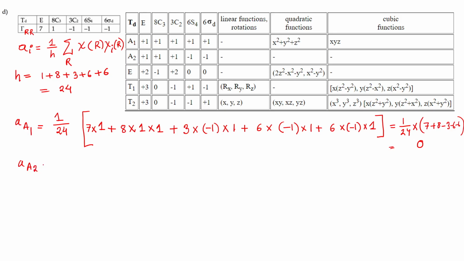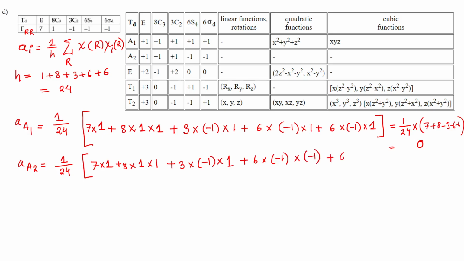What about A2? 1 over 24. Then what are the things there? 7 into 1, 8 into 1 into 1, plus 3 into minus 1 into 1, plus 6 into minus 1 into minus 1, plus 6 into minus 1 into minus 1.